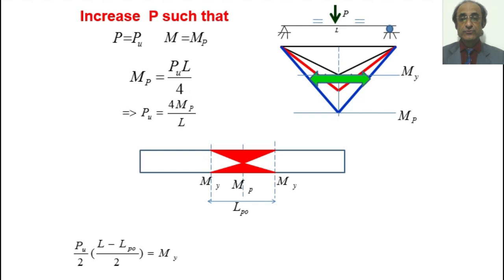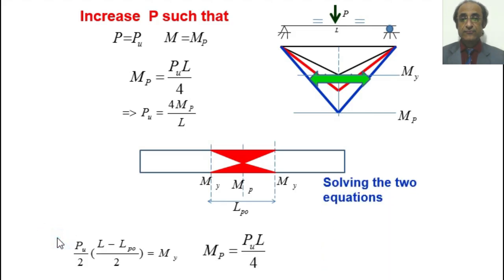So if you want to find the length of this particular portion, which is the limiting length, we can use the previous expression. We know the value of the ultimate load now, so if we substitute this, we get this equation.